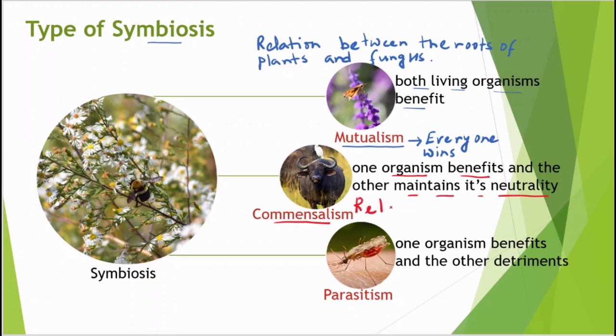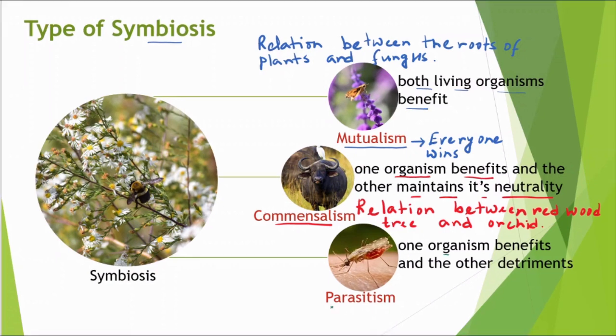The orchid gets shelter and the redwood tree is not affected in any way. It maintains its neutrality.